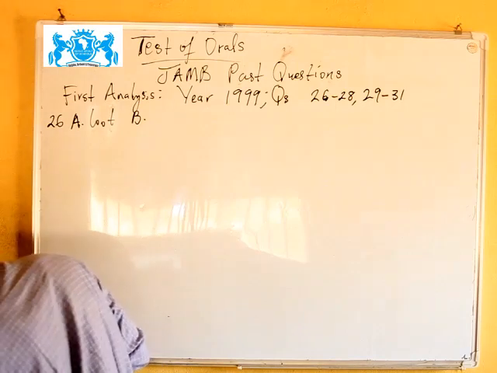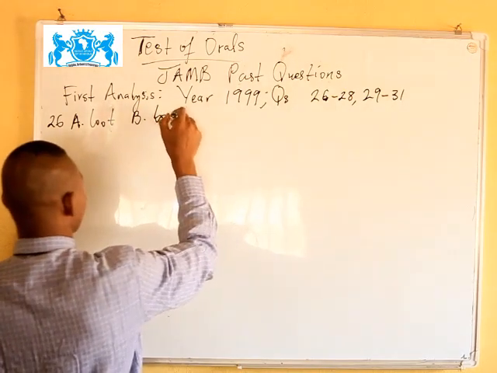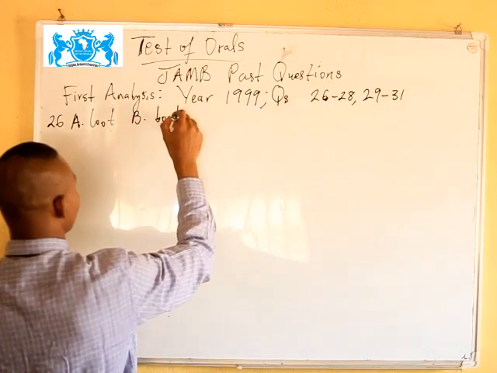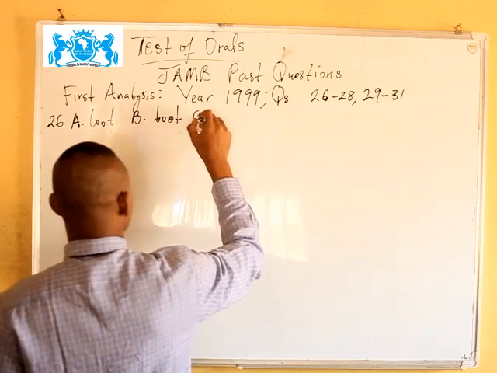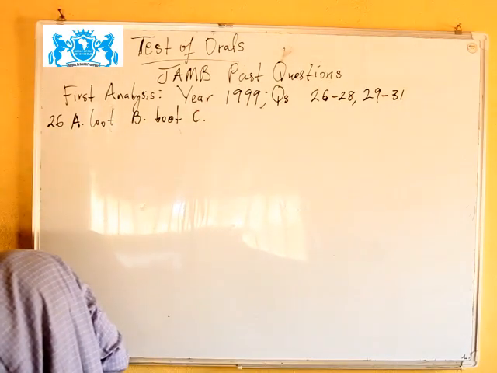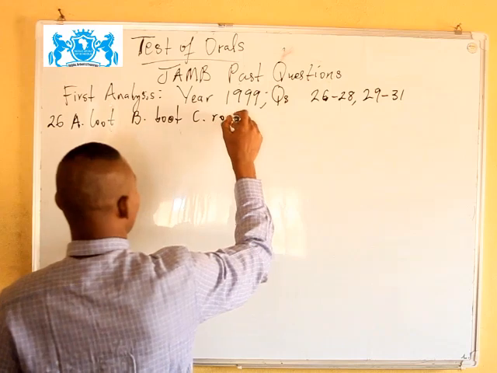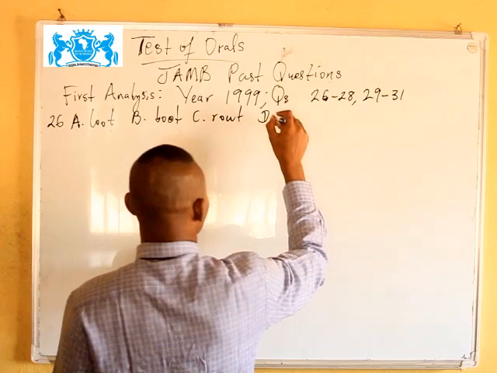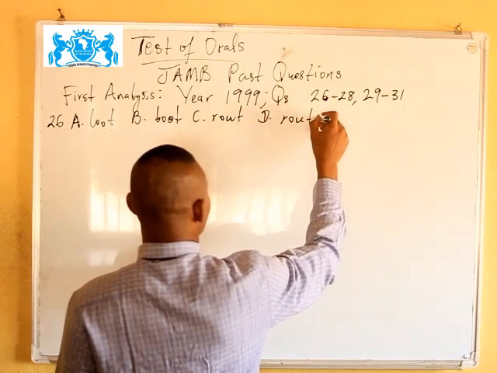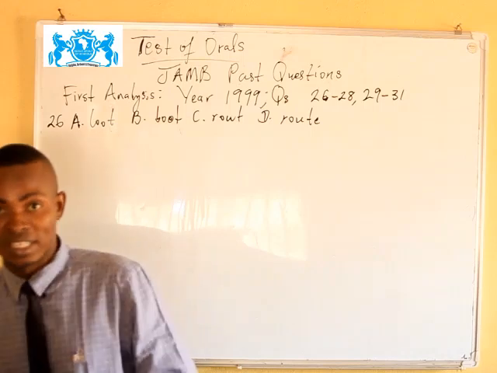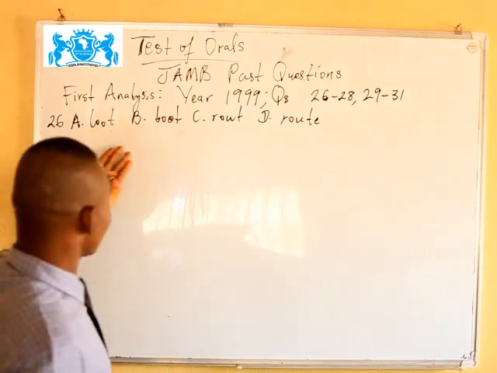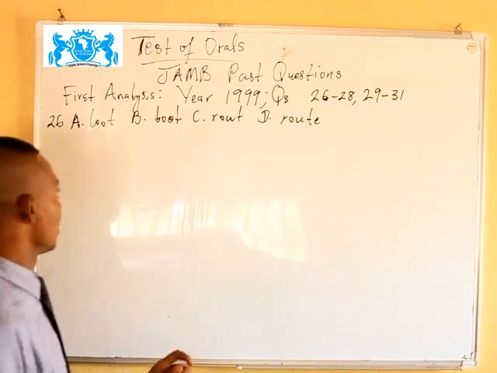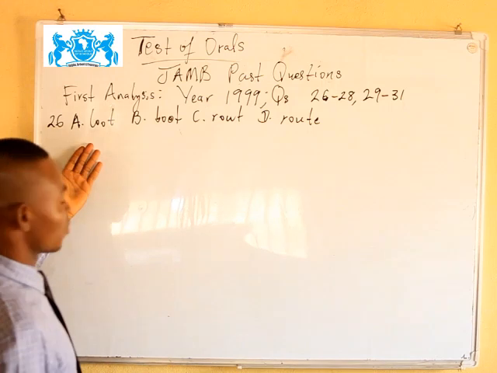B, we have B-O-O-T. And C, we have R-O-U-T. D, we have R-O-U-T-E.